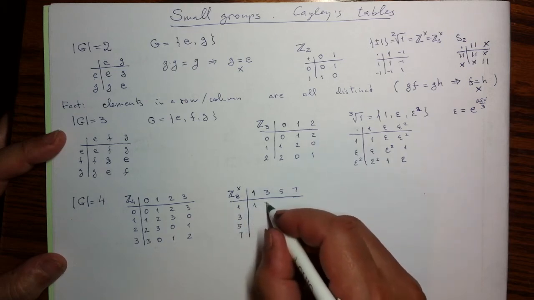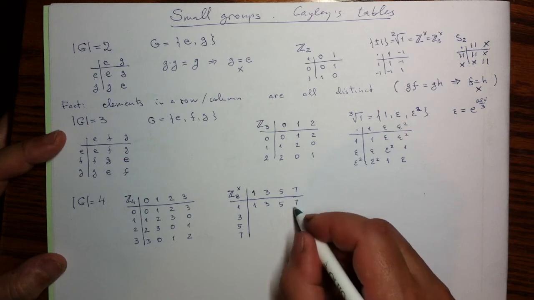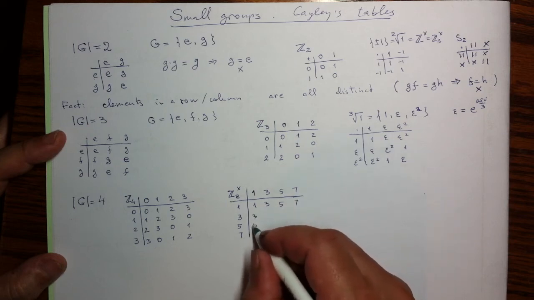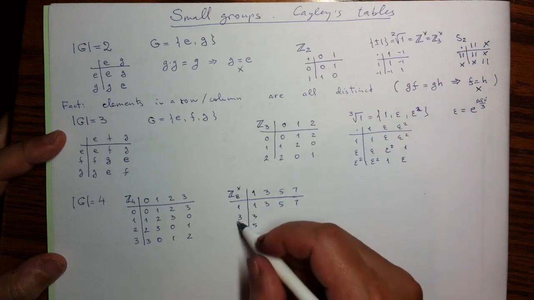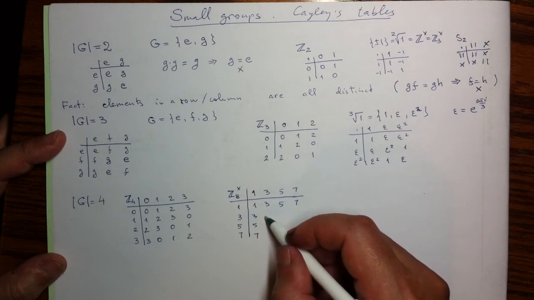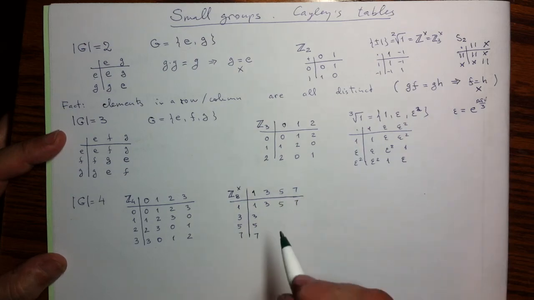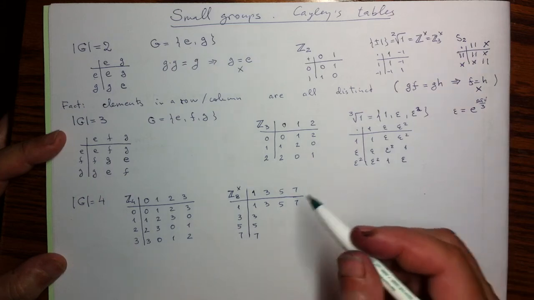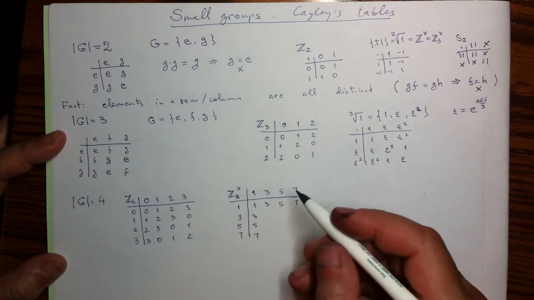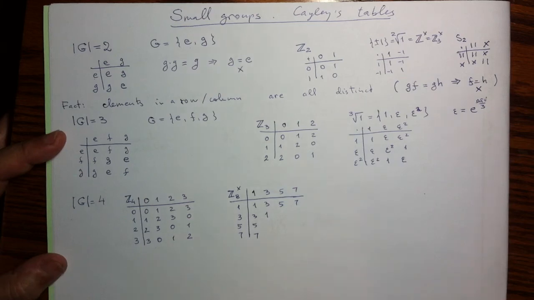And when we compute what happens, this time every square is 1. So anything squared will be congruent to 1 mod 8. 3 squared is 9, it is congruent to 1 mod 8.